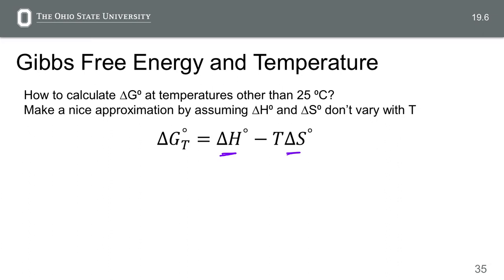This is not an approximation you're going to have to test. You're just going to assume that this is correct for this course, and it will be fine. Given this relationship, delta G at any temperature is equal to delta H minus T delta S. This is something we have seen, but now we're going to apply it to different temperatures.